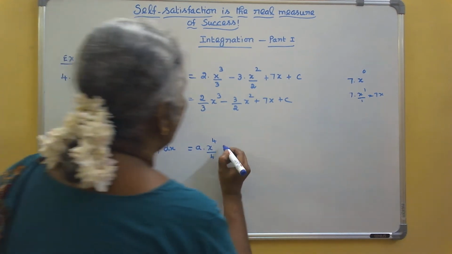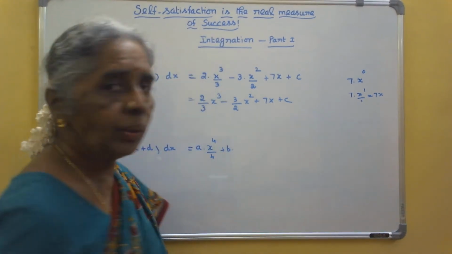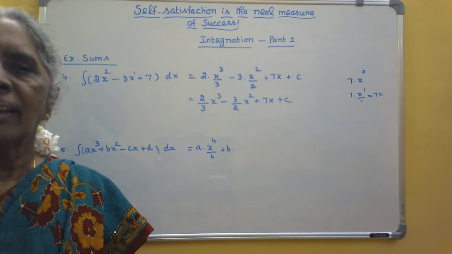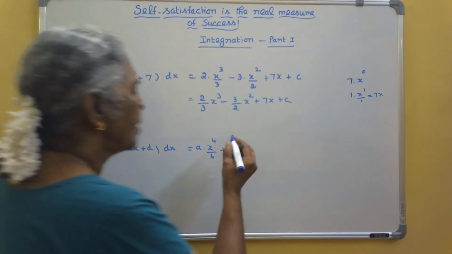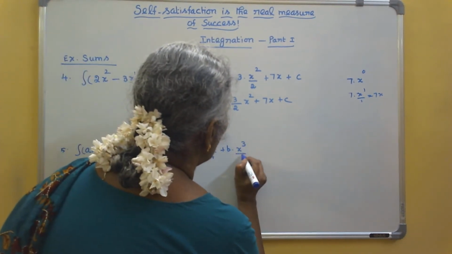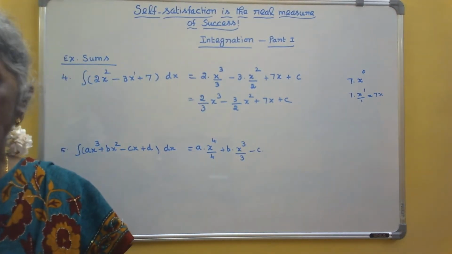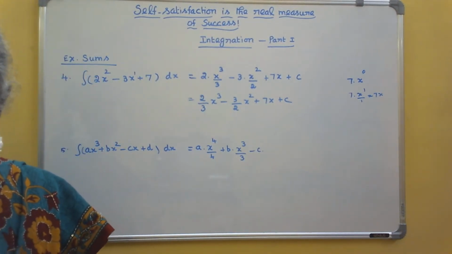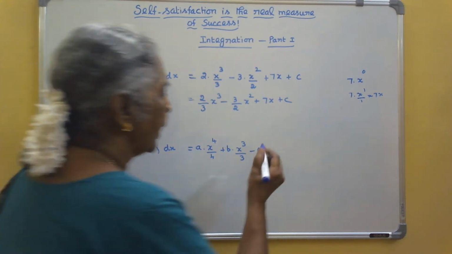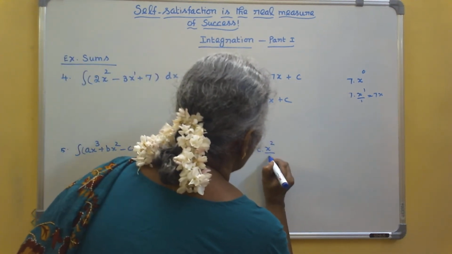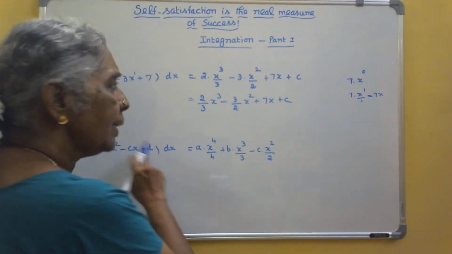Then plus B you write as it is. How will you integrate x squared? x cube by 3. So write now x cube by 3. Then write minus c. You have an x. What will you get? x squared by 2. Correct. So x squared by 2. Then this is a constant.